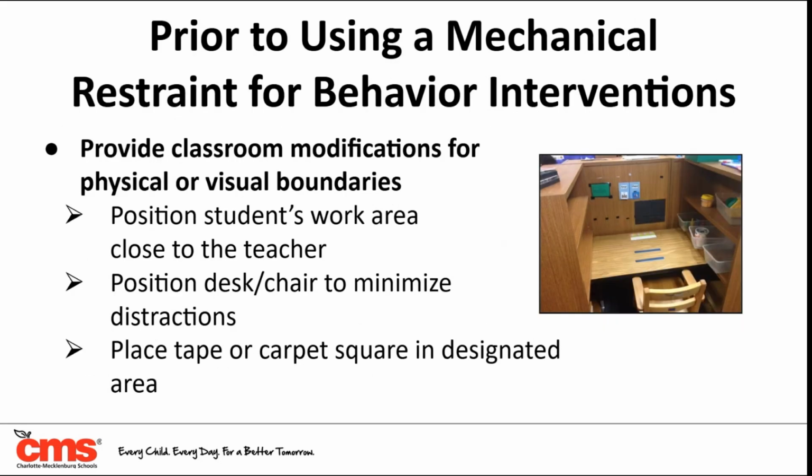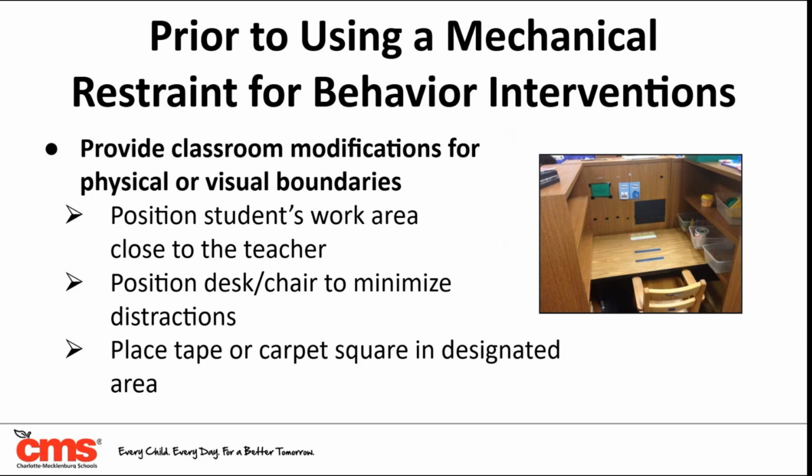Prior to using that mechanical restraint for behavior interventions, provide classroom modifications for physical and visual boundaries. So, this is another example of an intervention that can be used before we consider a mechanical restraint. You want to make sure that the student has a workspace with physical and visual boundaries. And there is an example to the right. This is a workstation that you might see for a student.